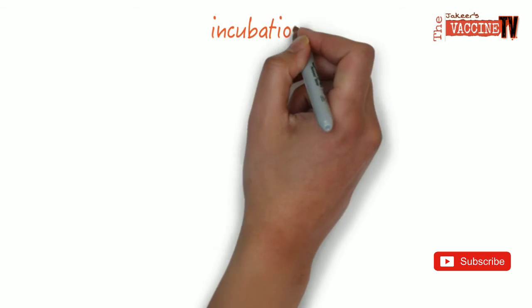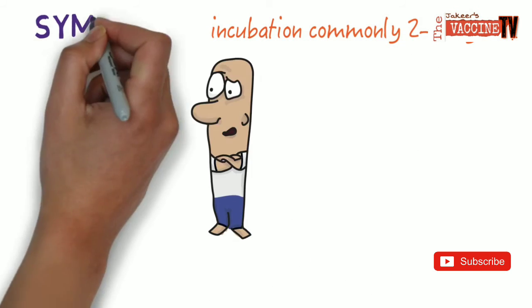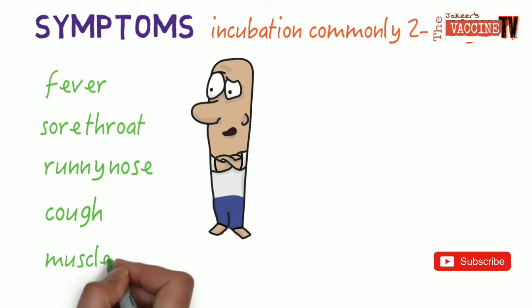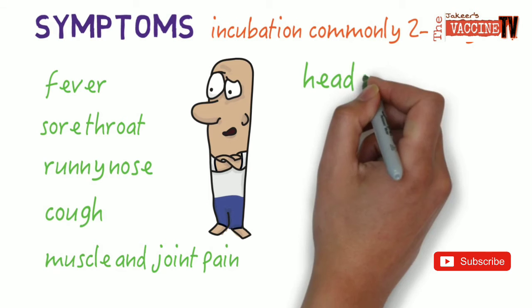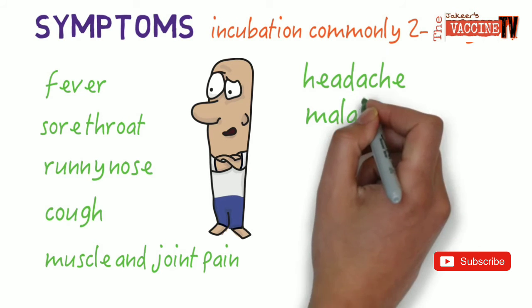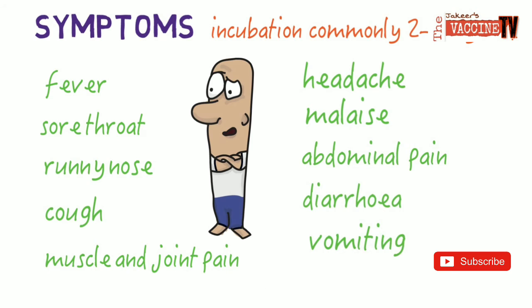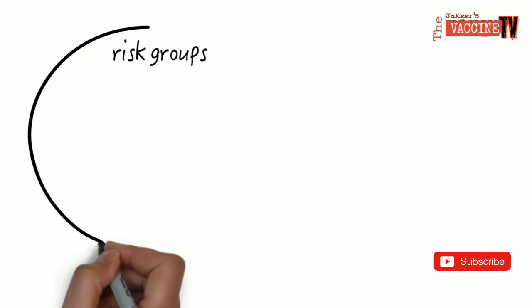Once someone gets infected with the virus, it takes about 2 to 3 days for symptoms to appear. These usually include high fever, sore throat, runny nose, cough, muscle and joint pain, headache, and generally feeling unwell. Other symptoms can include abdominal pain, diarrhea, or vomiting. Although most people recover in about a week, it can cause severe illness in some high-risk groups.